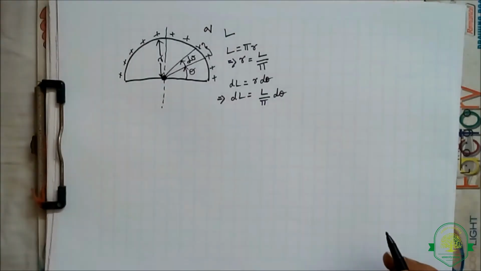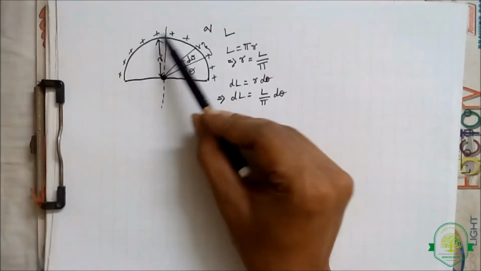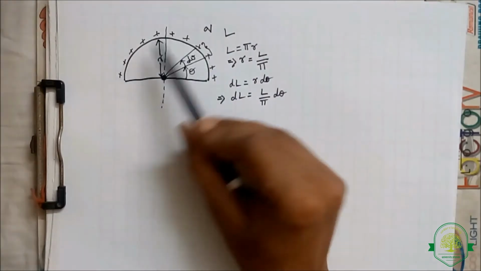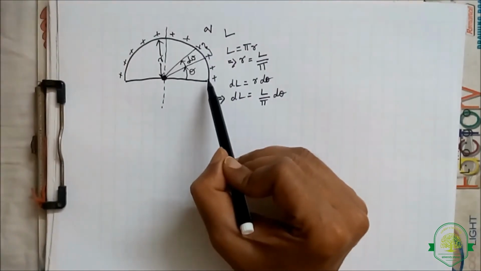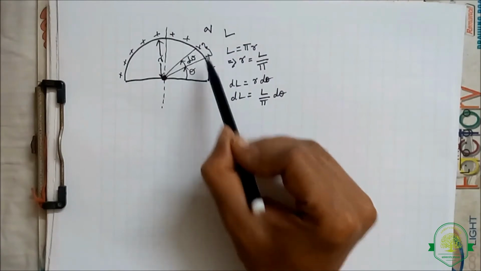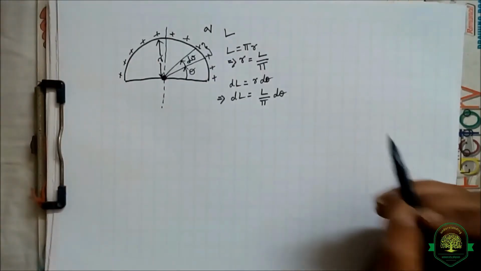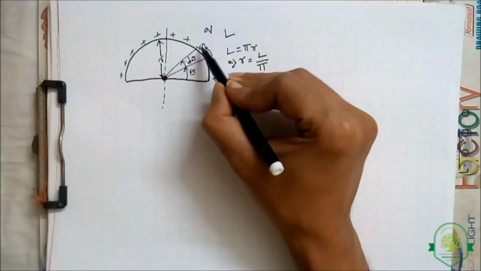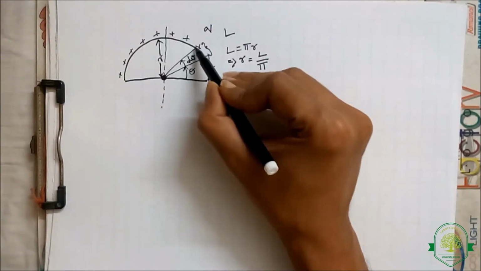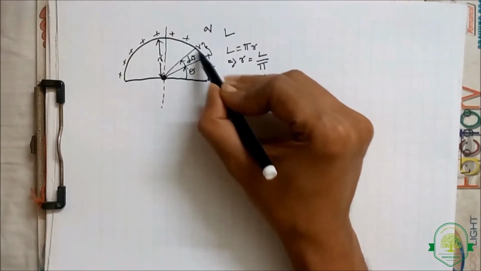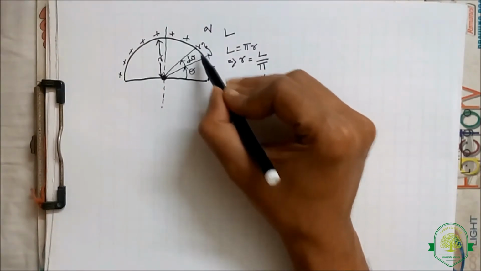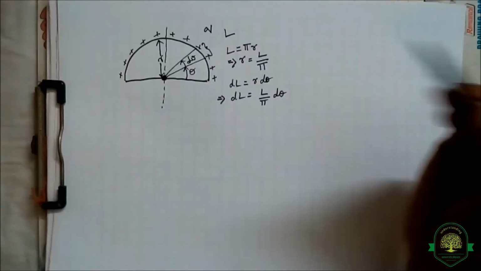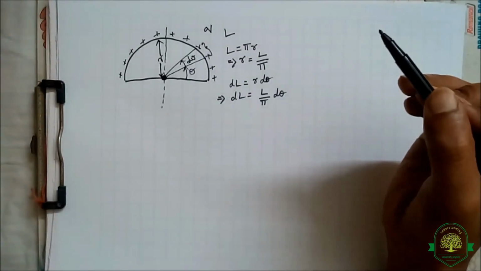Now we have been told that charge has been distributed uniformly over this semicircular wire. Because this is a uniform charge distribution, we can figure out quite easily how much charge is contained in this small, infinitesimally small length of the semicircular wire.